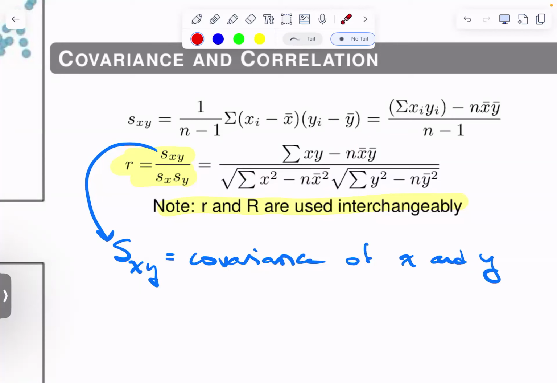I would say, okay, you found that it has a covariance of this. And so then you would use this formula.